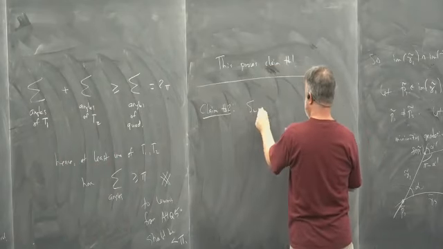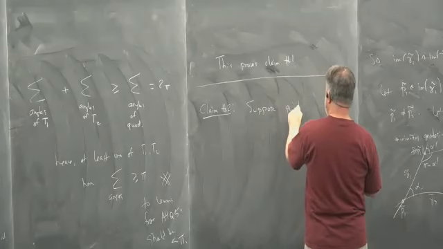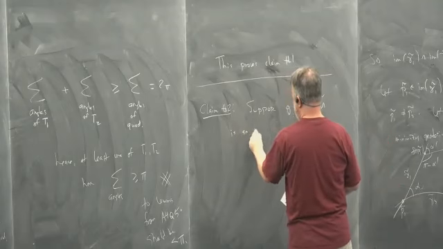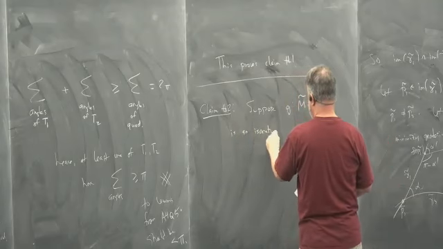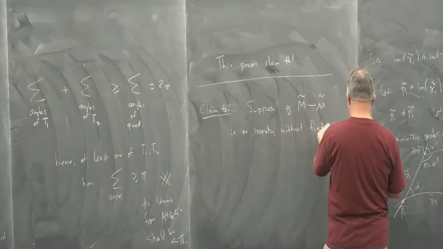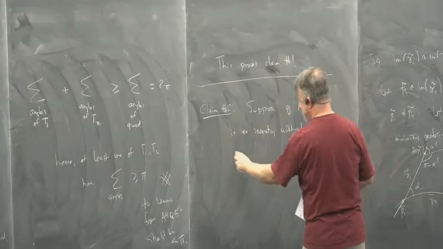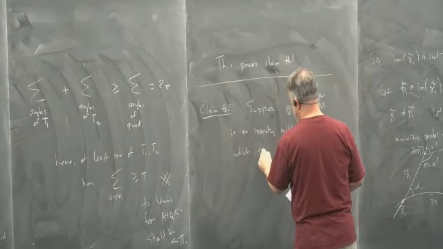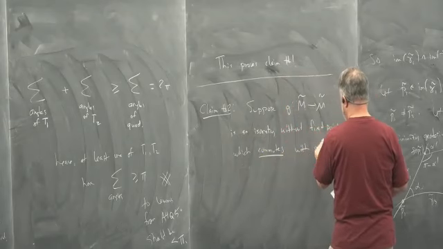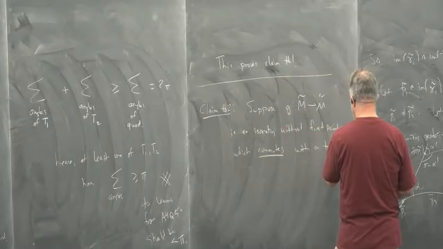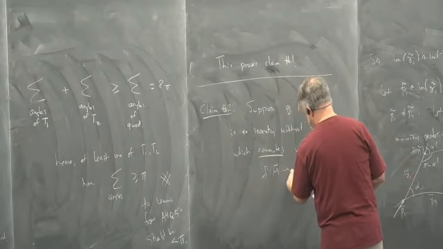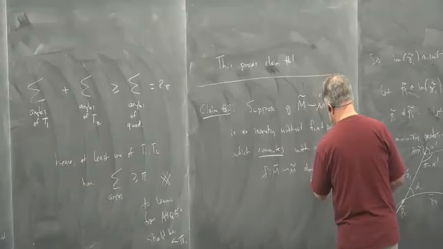So suppose G from M tilde to M tilde is an isometry without fixed points, which commutes with a translation F along a geodesic gamma.